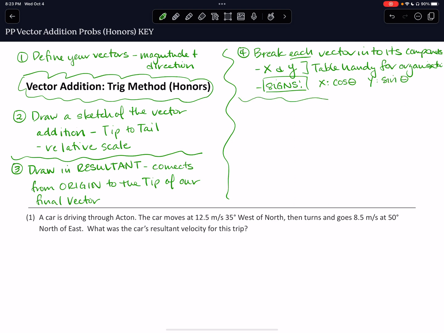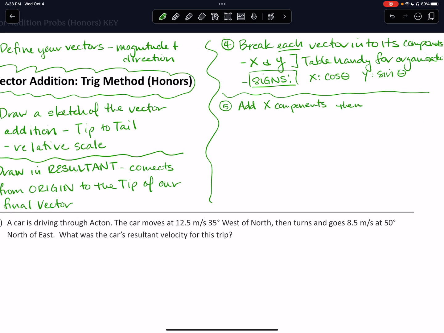All right. Now, once we've got our components all listed, we're going to add them together. So we're going to add the x components, then the y components, to give us the resultant components.